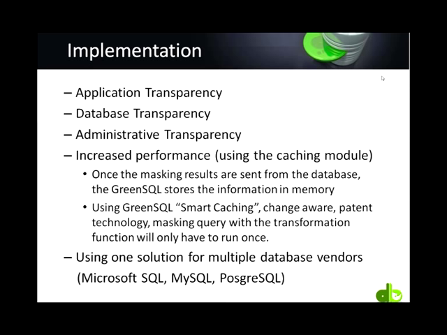And when those database administrators are connecting to manage their databases, they are connecting through GreenSQL in order to make sure that sensitive information never leaves the databases, even to the DBAs. So administrative transparency is extremely important because when you enforce masking, it's not only about masking sensitive information from your application users, but also from your DBAs. And it's not about distrusting the DBAs, but more about controlling the sensitive information, which is extremely important in today's topology.